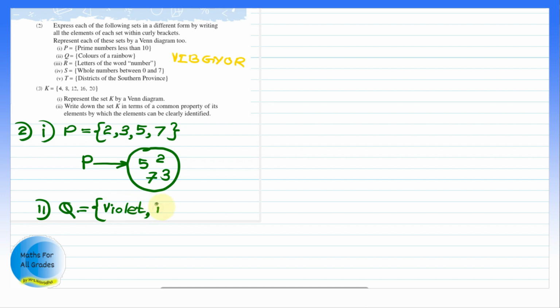I represents indigo. B is for blue. G for green. Y for yellow. O for orange. R for red. Close the bracket.